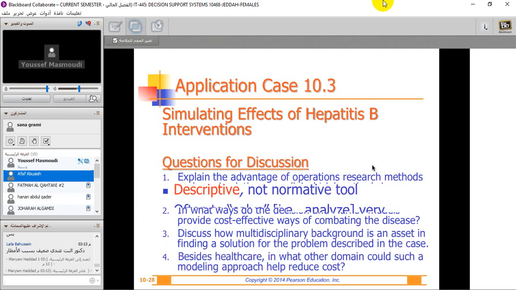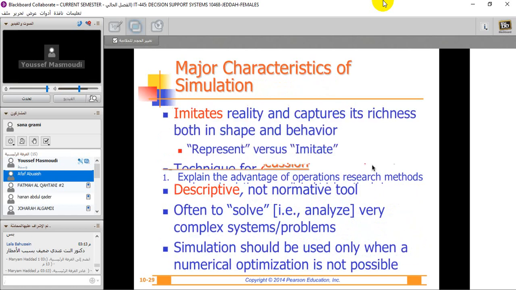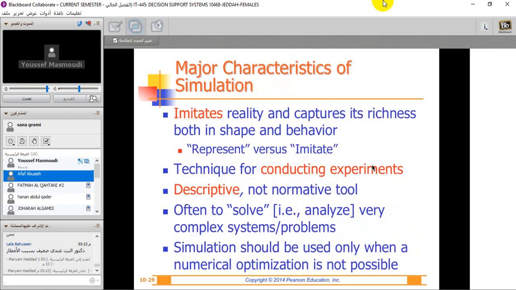Okay, you have a case study. Major characteristics of simulation: it imitates reality and captures its richness both in shape and behavior. It is a technique for conducting experiments. It is a descriptive, not normative tool, often used to solve very complex systems and problems.